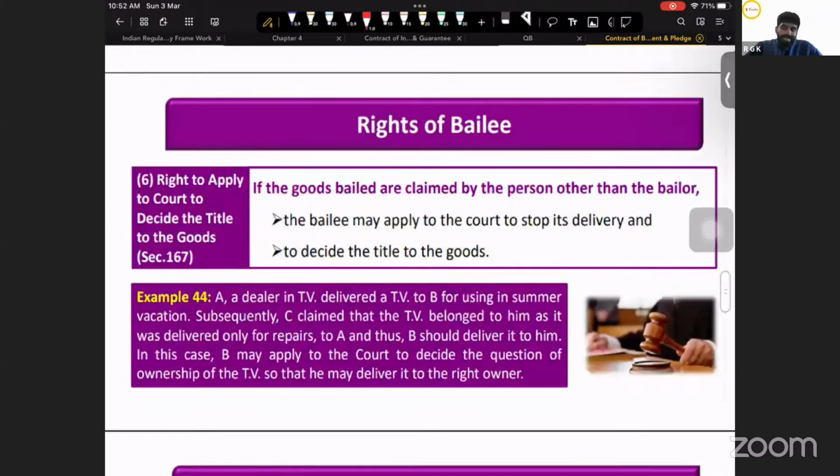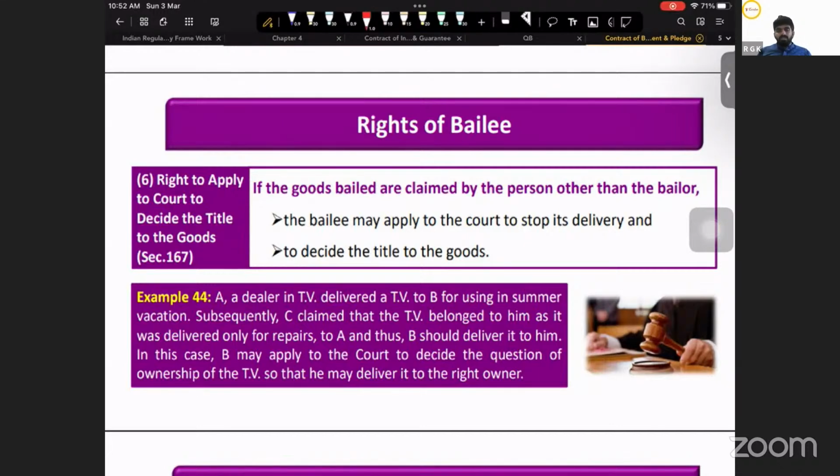Next one, the right to apply to the court to decide the title to the goods. Who is the owner? Someone has bailed you the goods, but later, when you are going to return them, there is a dispute between two people. One person says these are my goods, the other person also says these are my goods. There is no clarity as to who is the owner. Now, you being the bailee have to return the goods.